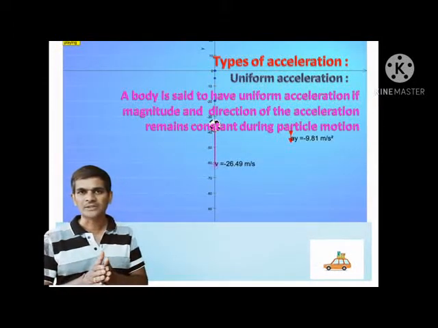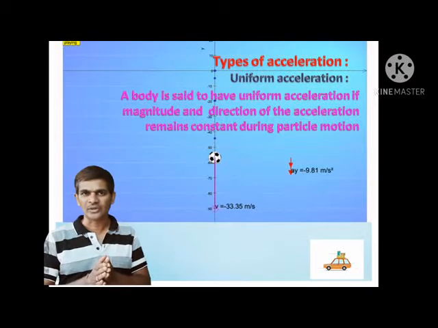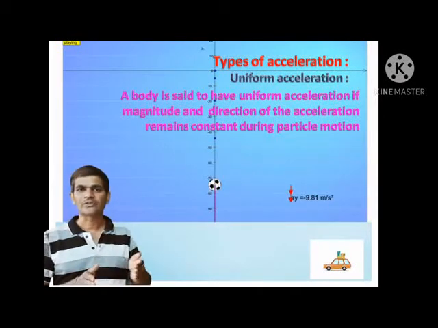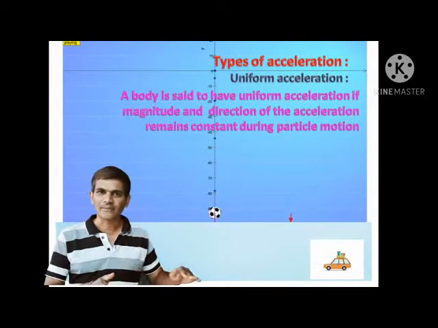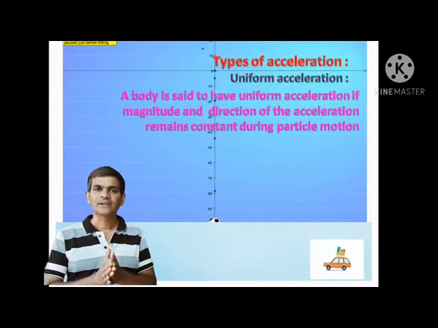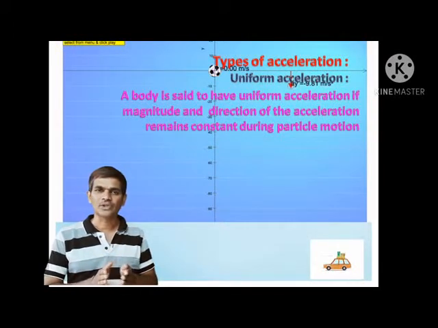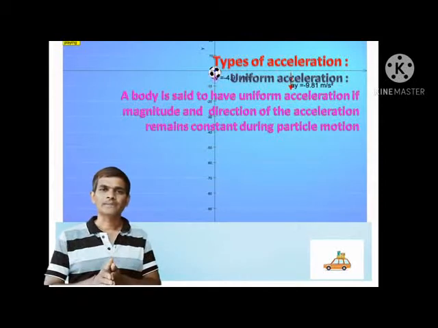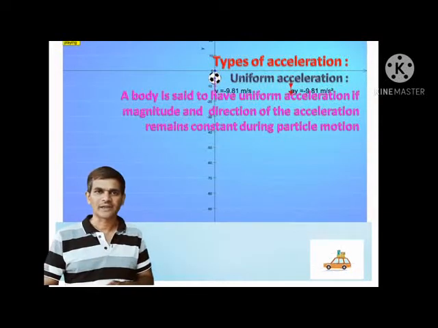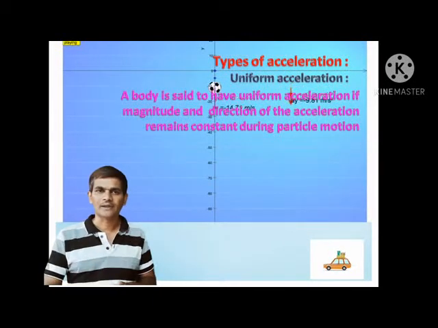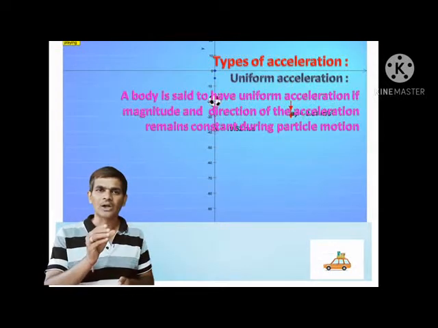Or the change in velocity both in magnitude as well as direction remains the same, then its acceleration is said to be uniform. For example, one ball is falling under gravity, steadily falling under gravity.